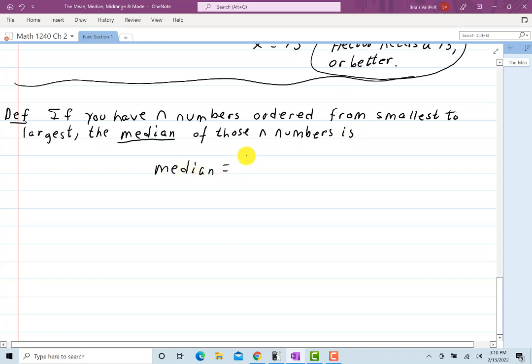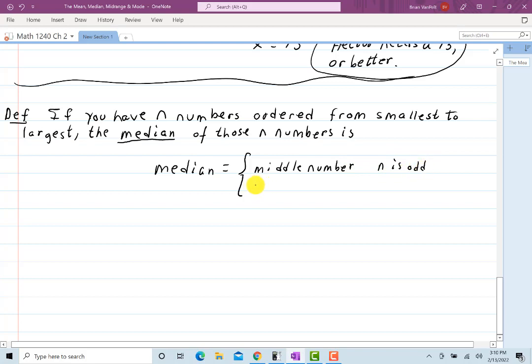There's two possibilities here, so I'm going to split it up into two pieces. If n is odd, we're going to pick the middle number. So that's when n is odd.